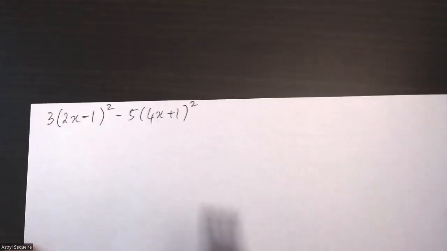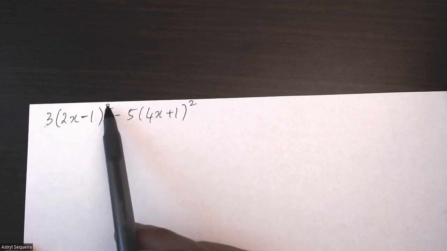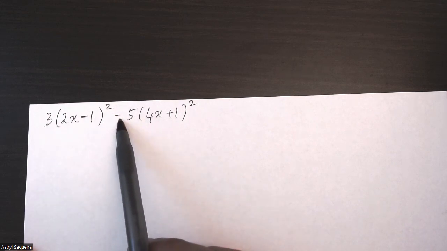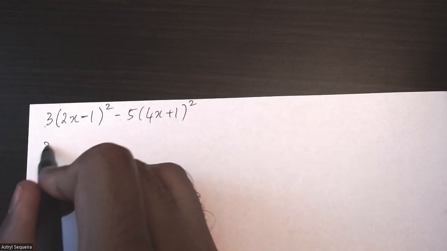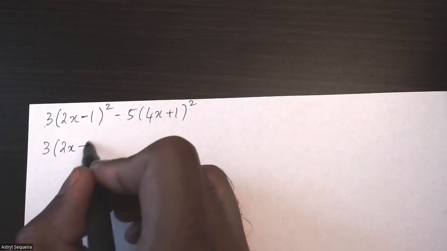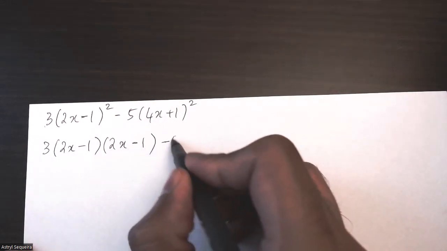Let's go on to the last two questions. Honestly, they're not too much more difficult. This one over here, we have multiplication, we have exponents, and we have subtraction. So according to BEDMAS, we got to do the exponents first. I'm going to start by getting rid of my exponents by writing out the brackets twice.